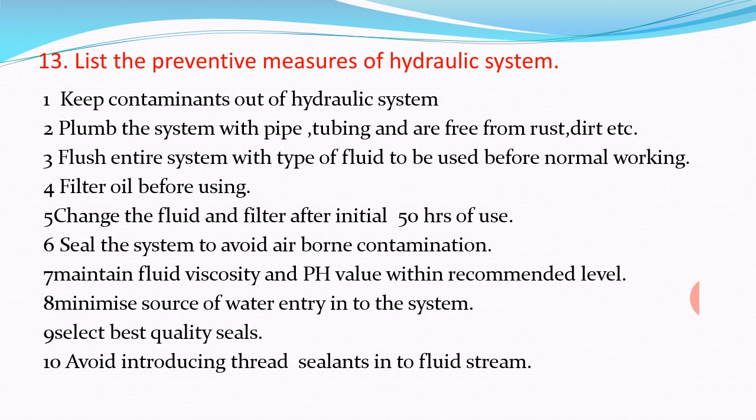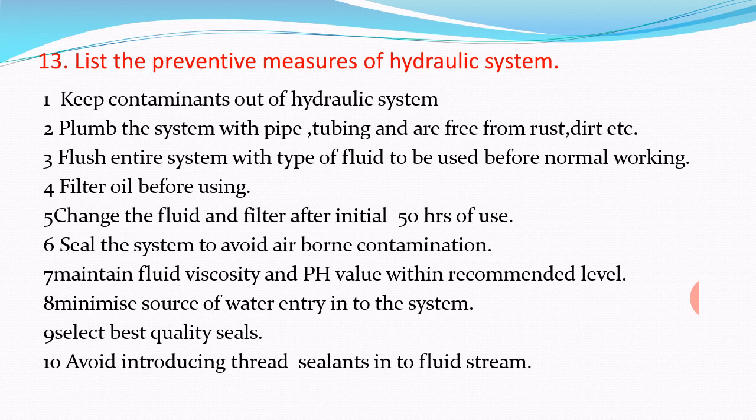Second one is plumb the system with pipe and tubing that are free from rust, dirt, etc. Whatever piping and tubing we are using should be fitted properly and must be free from dust, dirt, etc. Third one, flush the entire system with the type of fluid to be used before normal working.